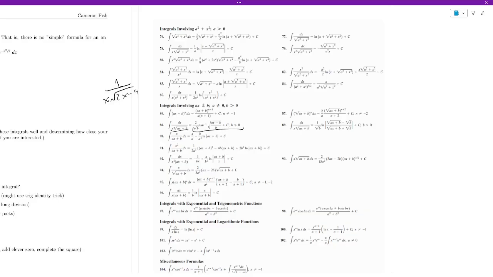Okay, well, the a is in front of the x, so I think a is 2, right? And b is this 9 here. Sometimes you have to double check the details. This here says b greater than 0, so that's true for our 9 if 9 is greater than 0. But if it was 2x plus 9, you'd have to use this one, I guess, right? It looks similar because it's ax plus b.